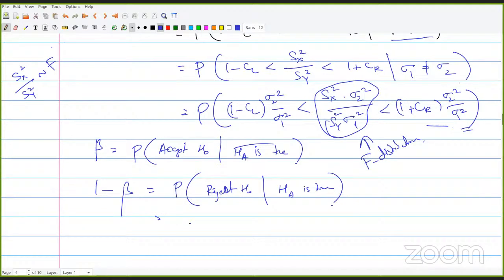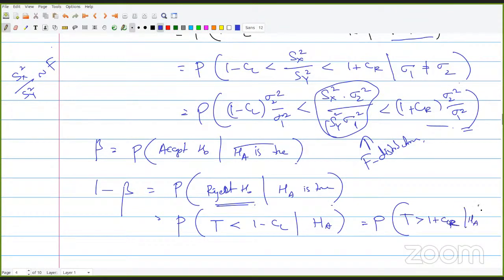When sigma 1 is not equal to sigma 2. When are we going to reject? When T is greater than 1 plus CR or less than 1 minus CL. So this particular rejection region is the same, right? The probability that T is less than 1 minus CL given HA will be equal to the probability that T is greater than 1 plus CR given HA.